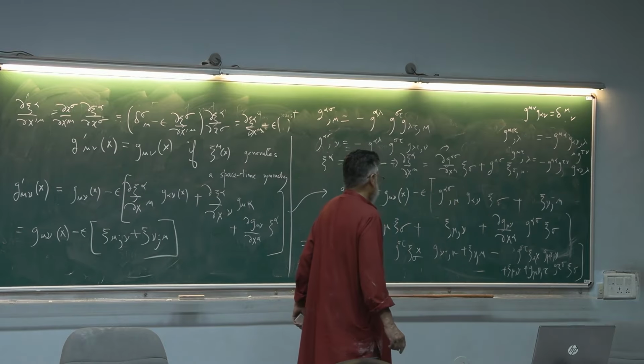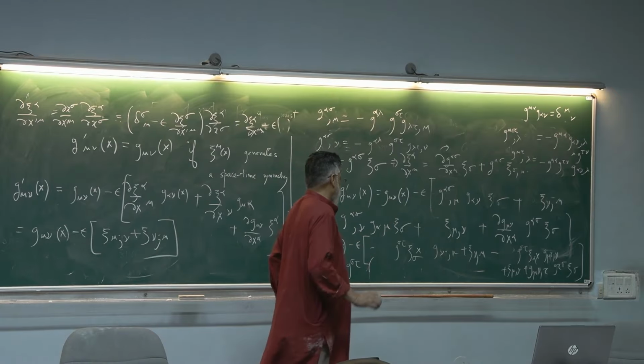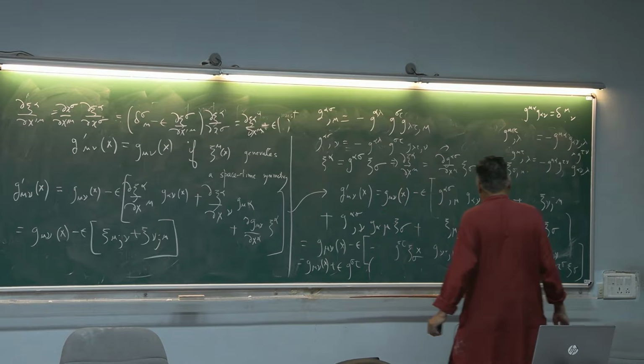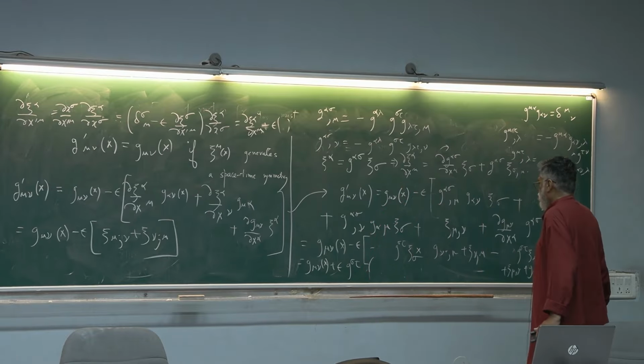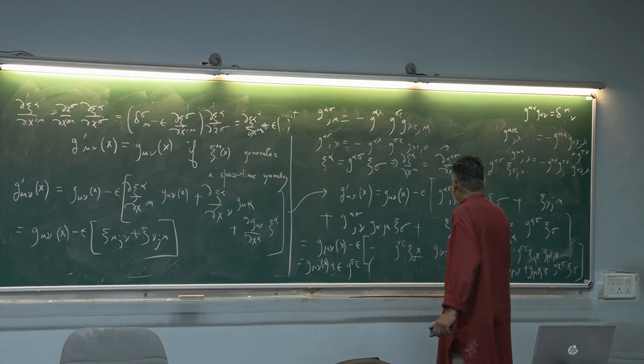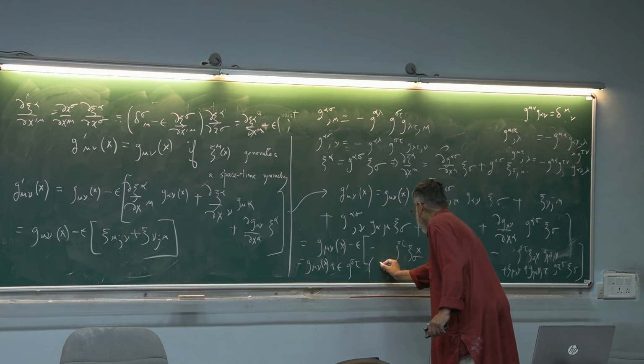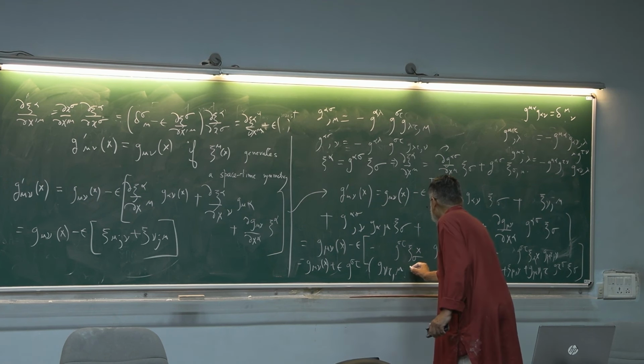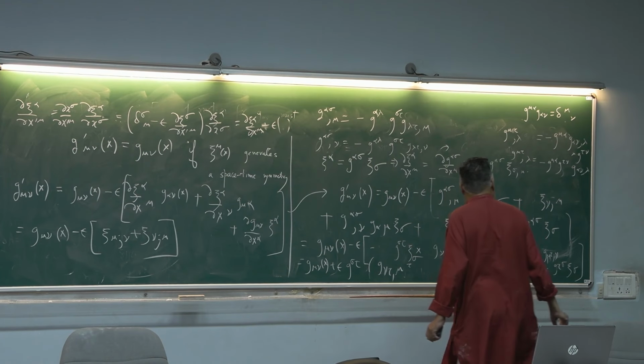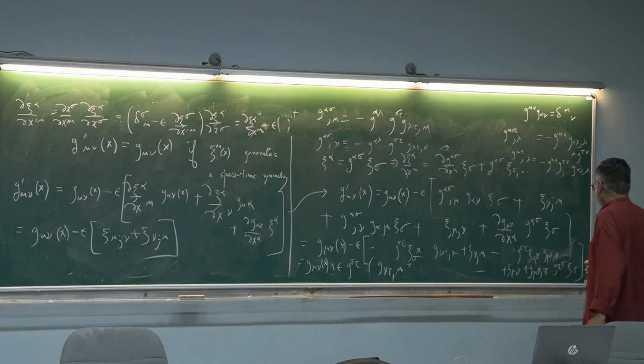tau outside. Okay, let's be very careful, we shouldn't be hurrying. We will get G nu tau comma mu, this term, times xi sigma. Here, was it alpha or sigma? Sigma. Sure, no? Yeah.